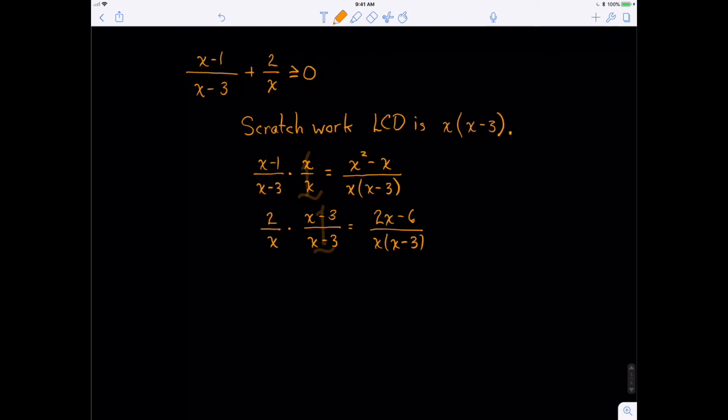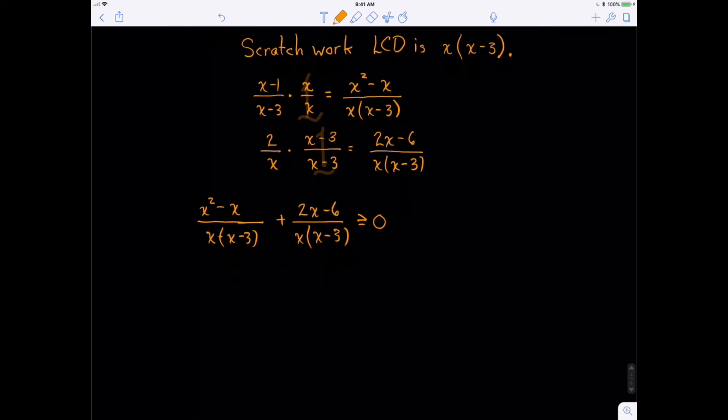So now I have (x squared minus x) over x times (x minus 3) plus (2x minus 6) over x times (x minus 3) greater than or equal to 0.